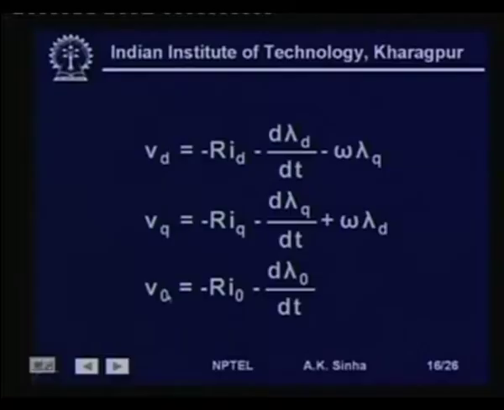So, if we use the Park transformation by multiplying these A, B, C quantities, whether they are current, voltage or flux linkage, by the Park transformation matrix, and using the inverse transformation, which is equal to the transpose of the Park transformation matrix, then we will get the relationship in DQ0 frame of reference as voltages V d equal to minus R into I d minus d lambda d by dt minus omega lambda q, where omega is the synchronous speed of the machine, that is, it is d theta by dt.